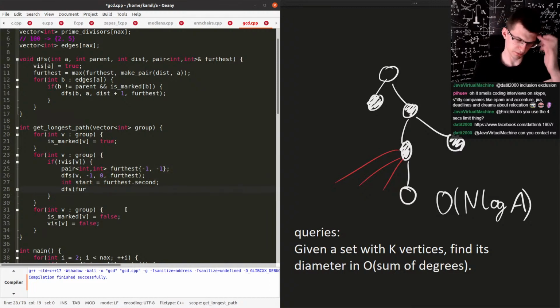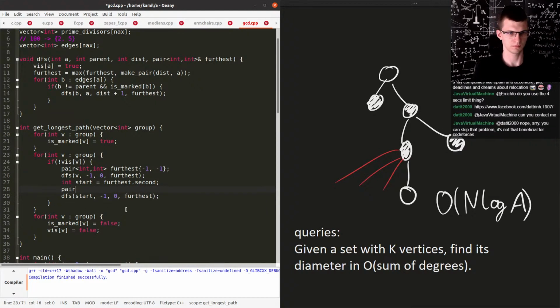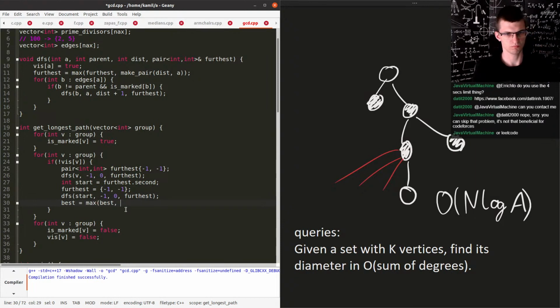You run DFS from anything, or BFS, find the furthest vertex, and from that you find the furthest. Like that, and the longest path, let's call it longest path.